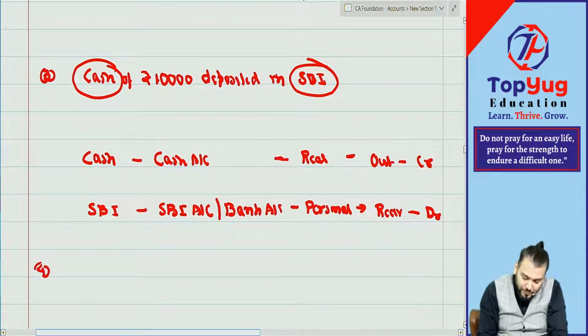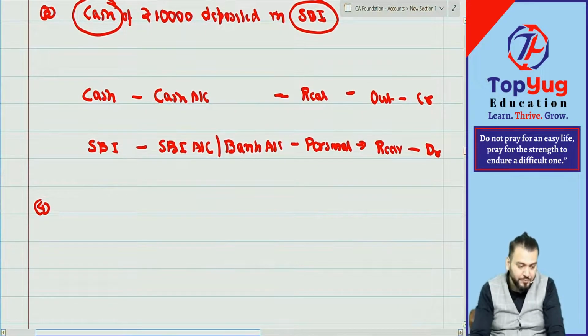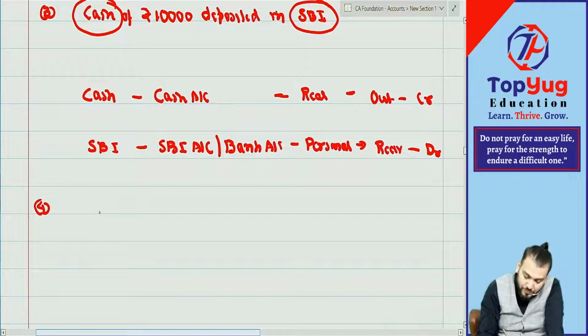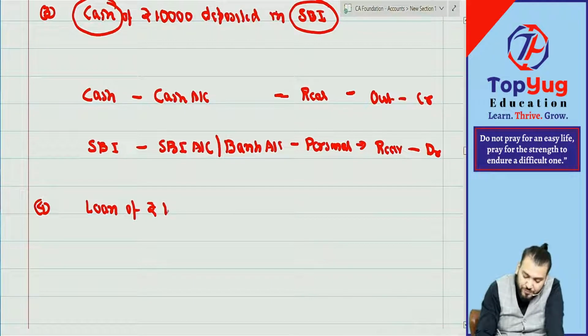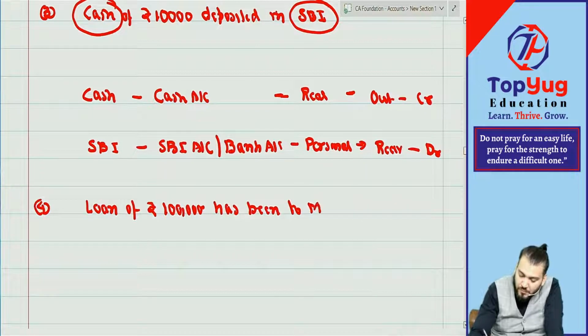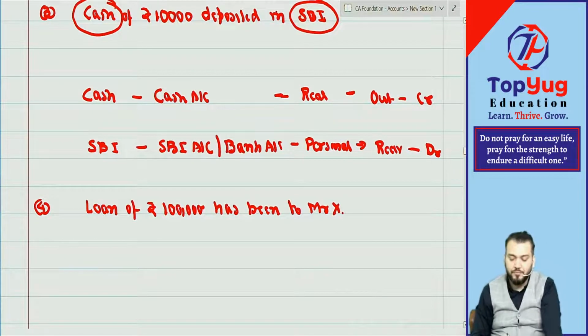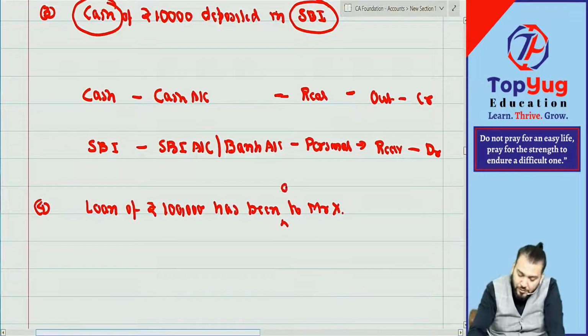Point number 4. Look. Loan of rupees 1 lakh has been given to Mr. X in cash. Correct?